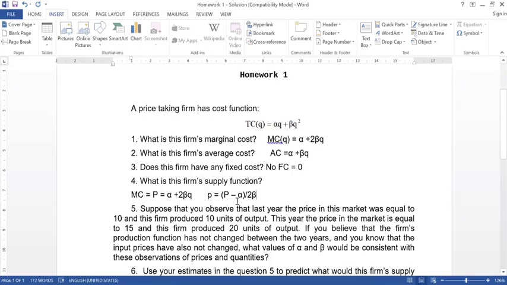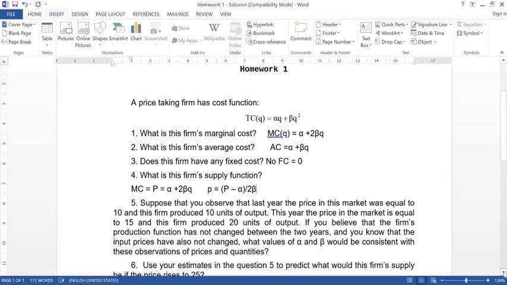Q equal P minus alpha divided by 2 beta. This is the supply function of the firm. Q is the quantity of products, P is the market price. That is the supply function of the firm.